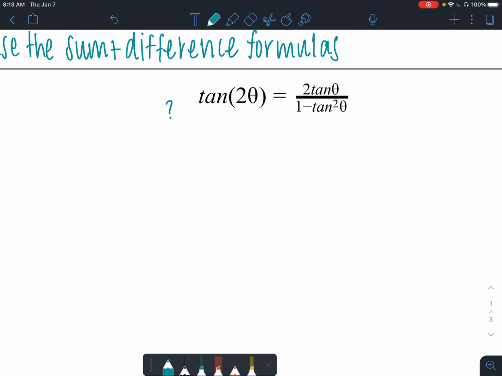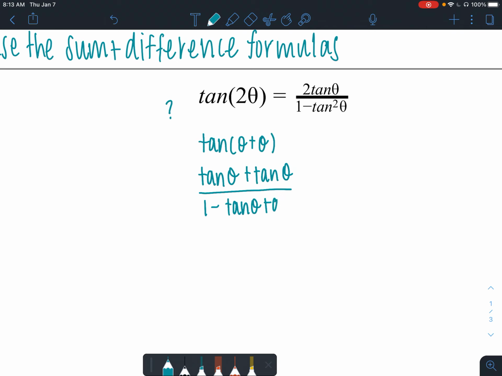Okay, so we're going to write this as tangent of theta plus theta again. It is a little weird writing it as tangent of theta plus theta. Then we're going to write the sum formula for tangent. So we've got tangent theta plus tangent theta over 1 minus tangent theta tangent theta. I know that we could easily combine steps, but we don't want to do that.